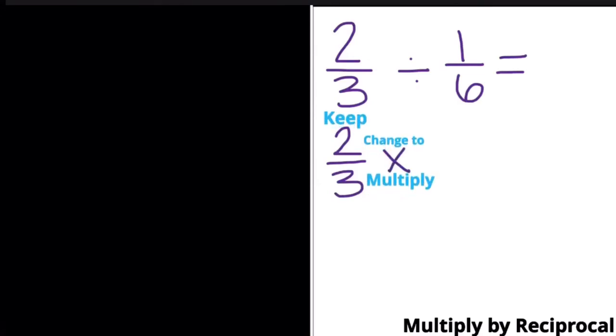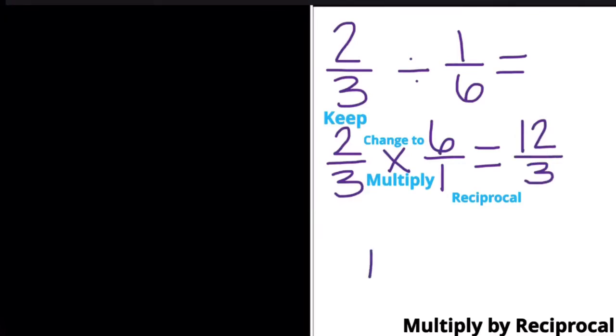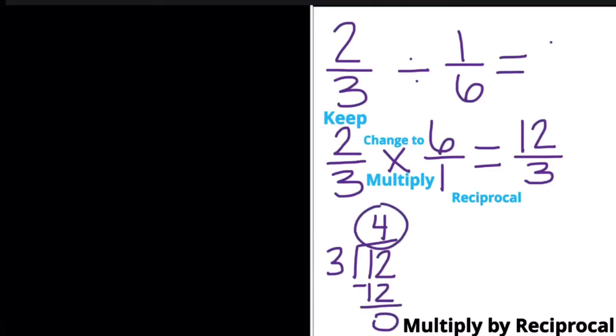We often call this keep, change, flip, because we keep the first fraction, we change division to multiplication, and then we use a reciprocal or the flip of the second fraction. After we've done that, we multiply the numerator, 2 times 6 is 12, and multiply the denominator, 3 times 1 is 3. That's an improper fraction, so we need to go ahead and do the division, 12 divided by 3. In this case, we get 4 wholes with nothing remaining.